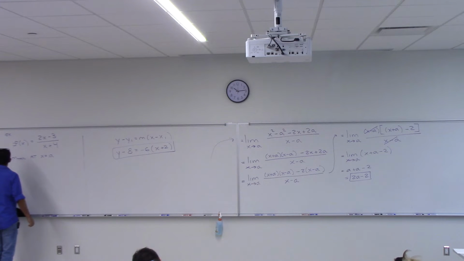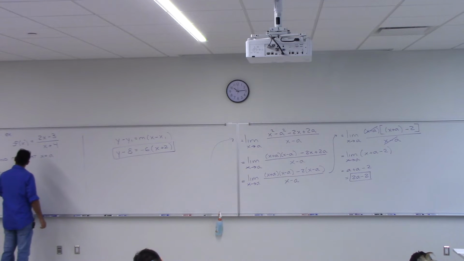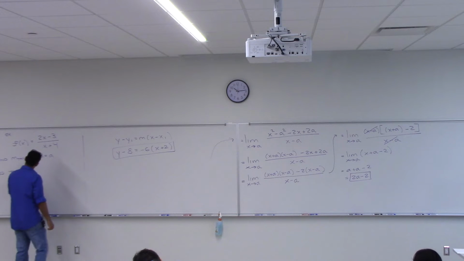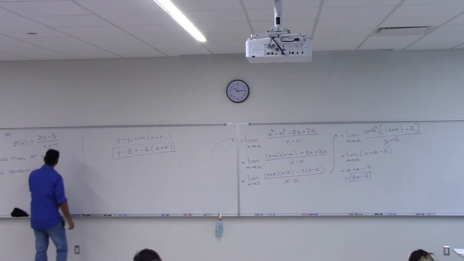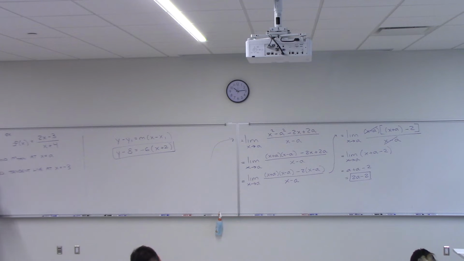That'll be part A. Part B, I want us to find the equation of the tangent line at x equals -3. So first, give me a general formula for the slope of the tangent line at any arbitrary point a. And then once you do that, I want you to find the equation of the tangent line at that particular point, -3.